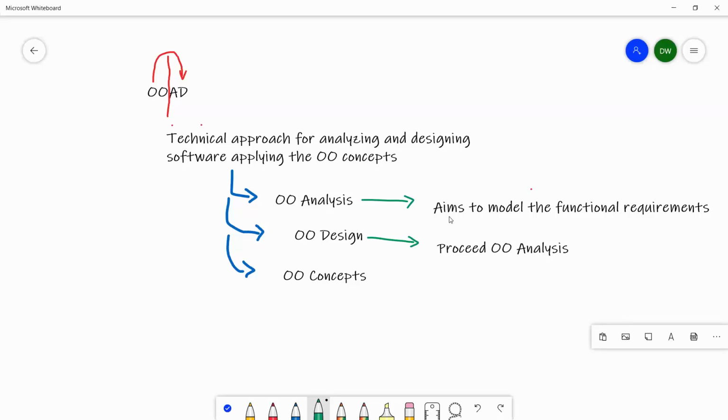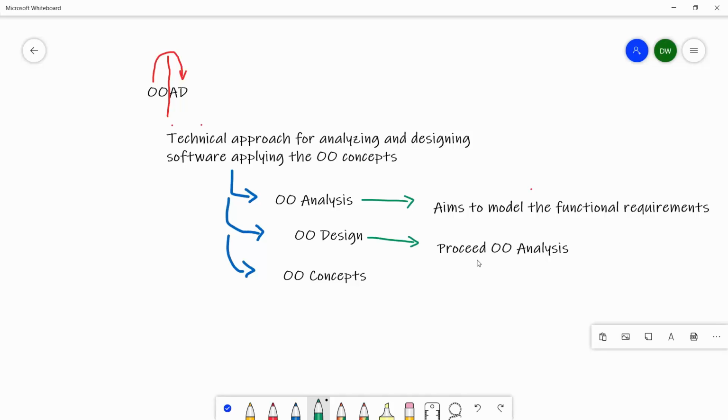And in the design part, we consider the things we did in the analysis phase, and then we think of how to proceed with that, right? For an example, when you do the analysis part, we think what kind of objects can be there in the system. And in the design part, we think of how the objects would actually be designed and implemented, right?